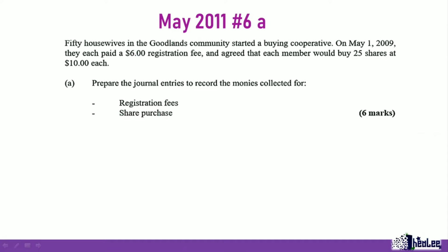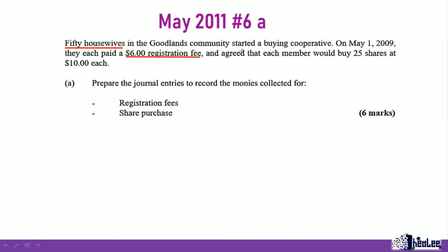Now, in order for you to know the value that is collected for registration fee, you would have to look at the number of housewives. So there are 50 housewives in the cooperative, and they pay $6 for registration fee each. So each person pays $6.